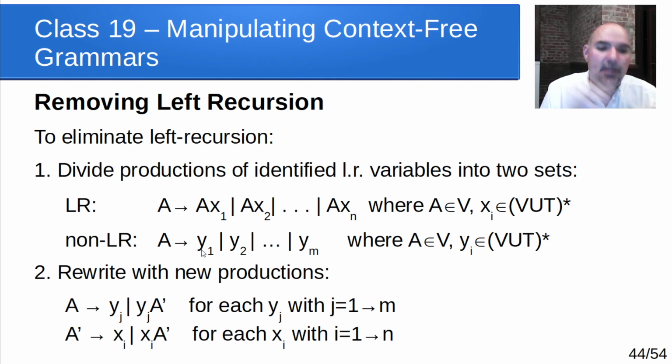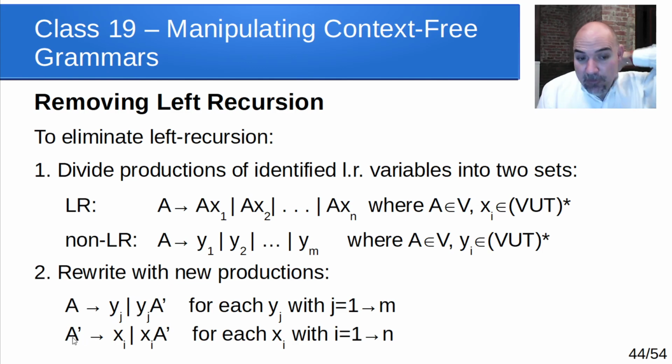So we have A produces y1, A produces y1 A prime, A produces y2, A produces y2 A prime, and so forth, all the way up till we get to the last one where A produces ym, A produces ym A prime. So we're adding new productions for all of the y.